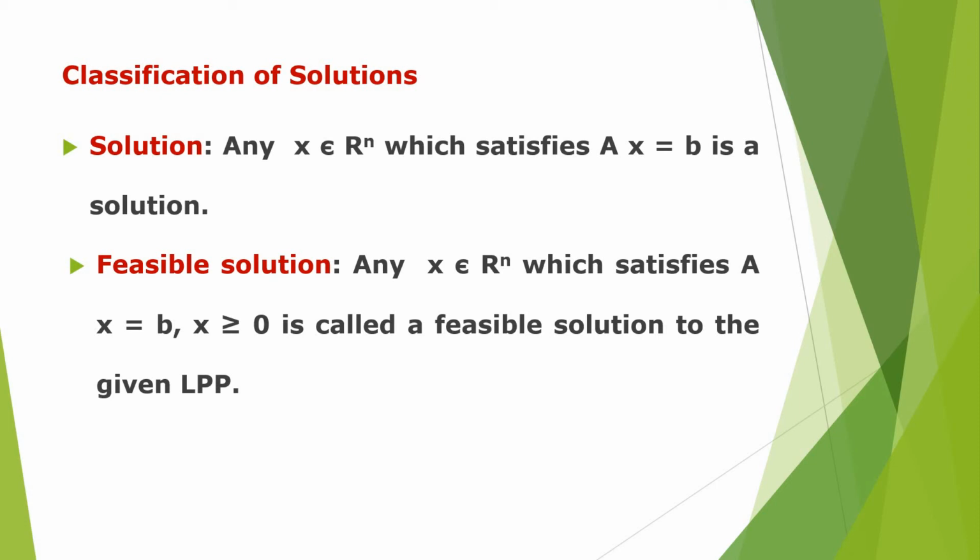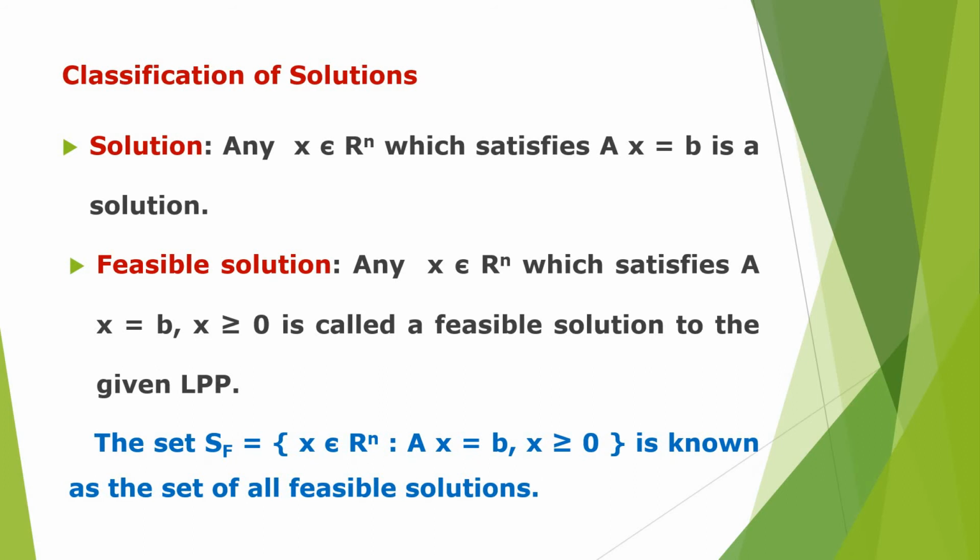So a solution represents a solution of equations. Now out of the solutions, filter out those solutions which are non-negative. So from solutions we got feasible solutions. And collect these feasible solutions. So we have a set, label it as SF, such that x belongs to Rn, Ax is equal to b and x is non-negative, and this set is known as the set of all feasible solutions.